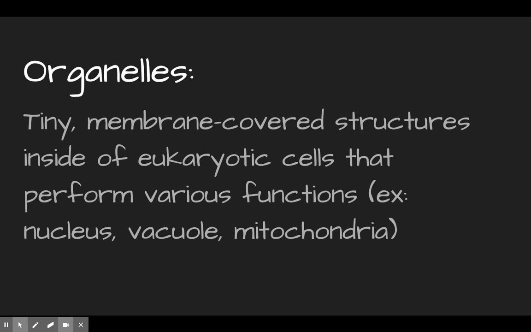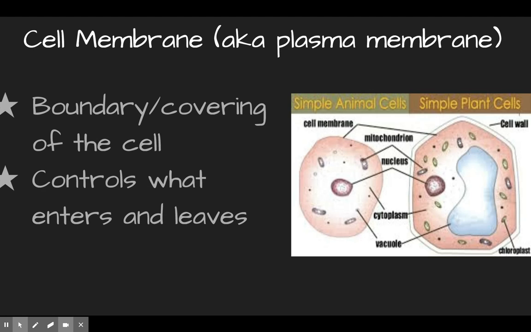So each organelle within the cell has a specific function. A few examples of organelles are the nucleus, a vacuole, mitochondria, right? There are several different ones that you're going to need to familiarize yourself with, and we're going to start to do that today.